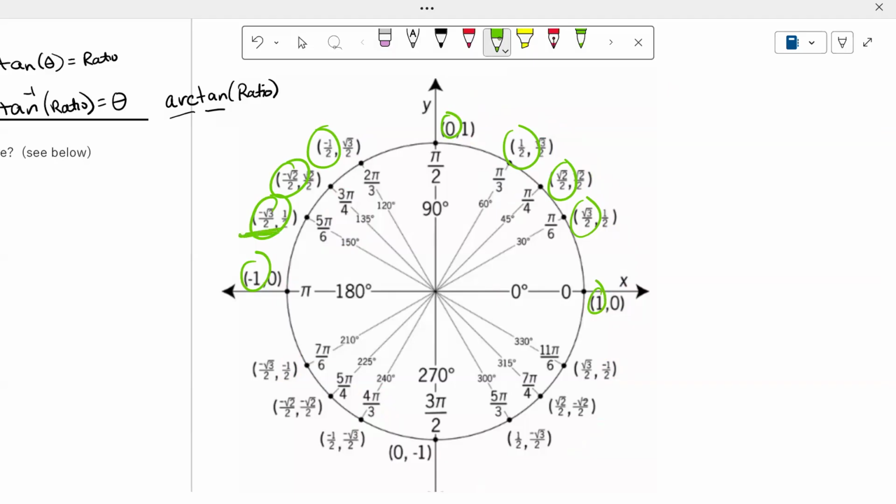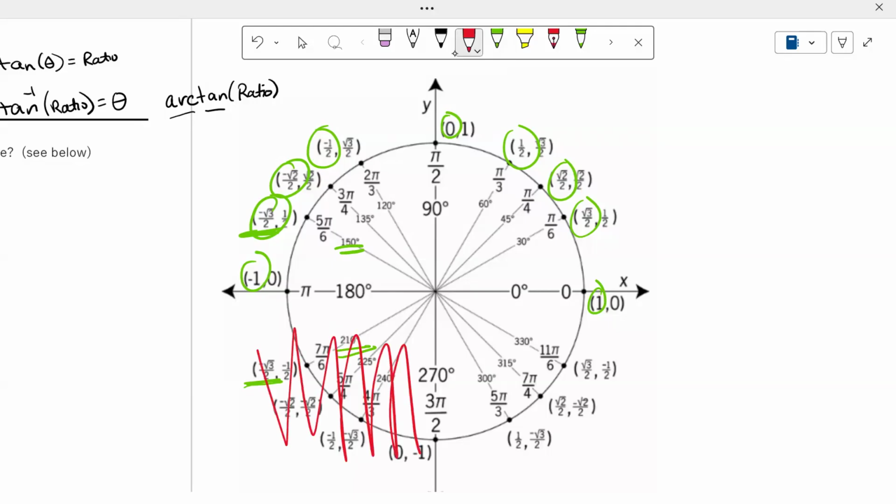Now, this negative x value and this negative x value are the same. I can't have a ratio map back to an angle that happens more than once. So I'm only allowed to map it back to one of these angles, not both. So I get rid of all of them.